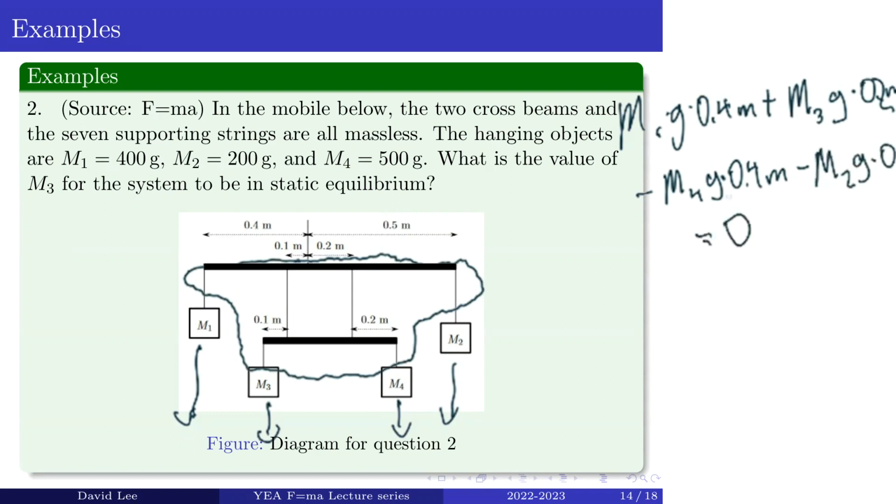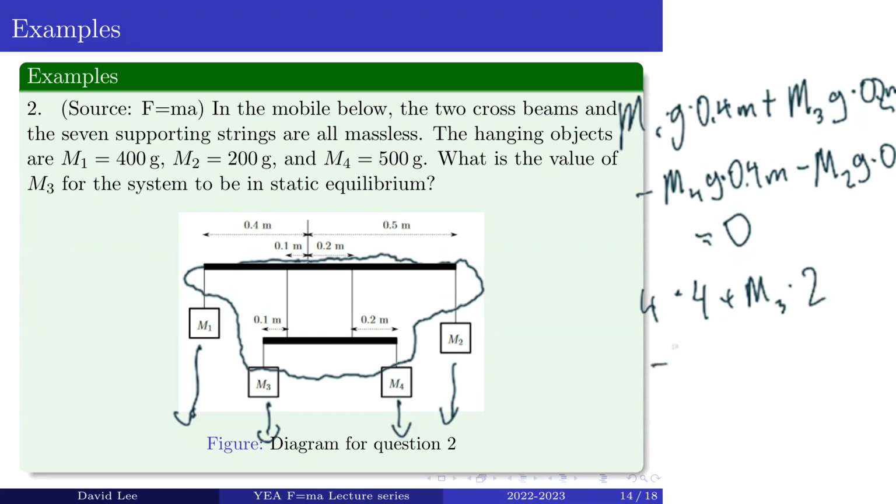So the net torque here has to be equal to zero because otherwise it will start tilting, and that's not good. So we can just plug in the numbers. Up to some factor of 10, M1 is 400 times 0.4 meters, and M3 is what we want, times 0.2 meters.